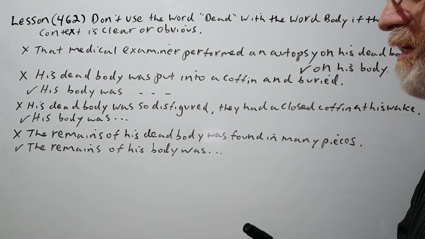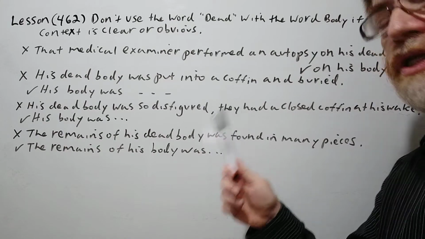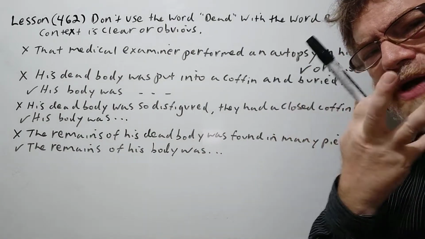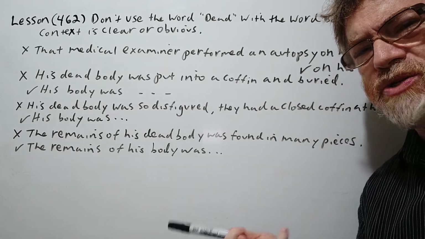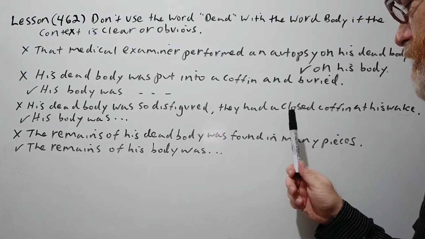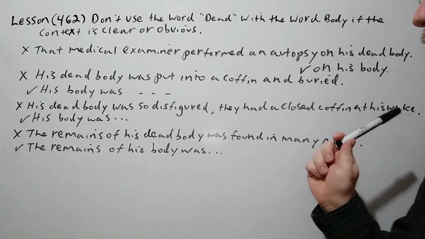All right, number three, the third one here. His dead body was so disfigured. So, I don't know, maybe he got into a terrible accident and there was all kinds of blood, or he was smashed or cut in many pieces. I don't know. His dead body was so disfigured, they had a closed coffin at his wake.